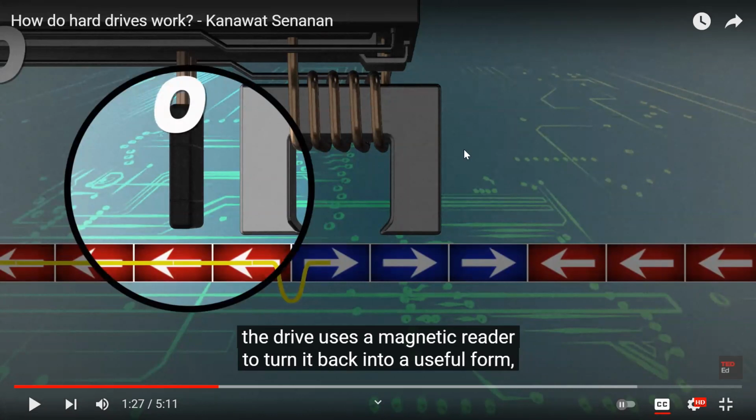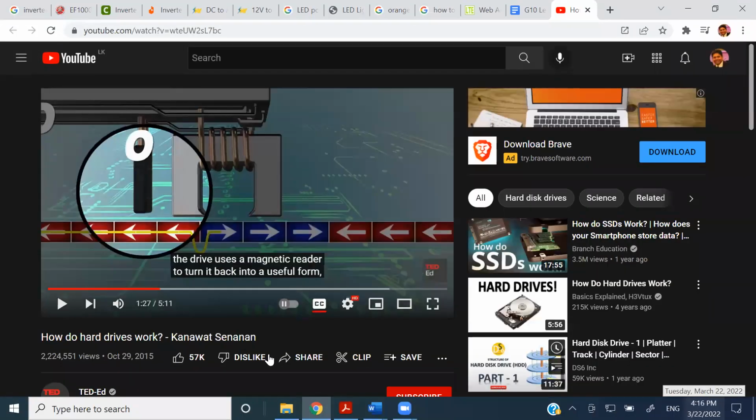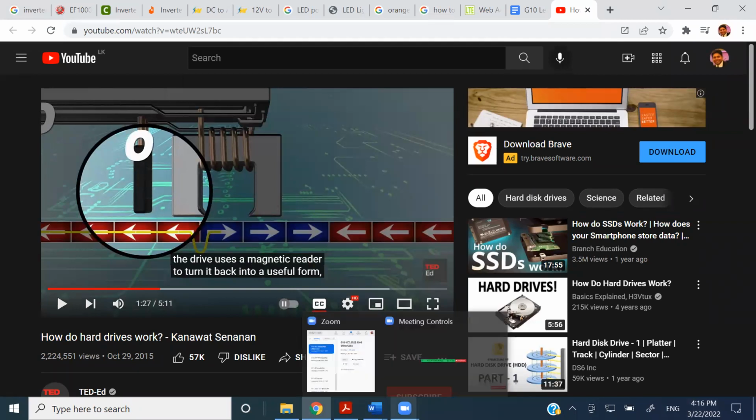So this particular thing writes the data, and this particular magnetic reader will read the data, right? So that is how a particular magnetic media acts. People, is that clear? Did you get a clear idea about how magnetism works on the disk and how those things are being read and written?